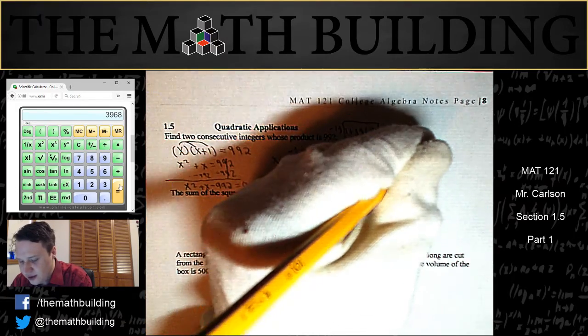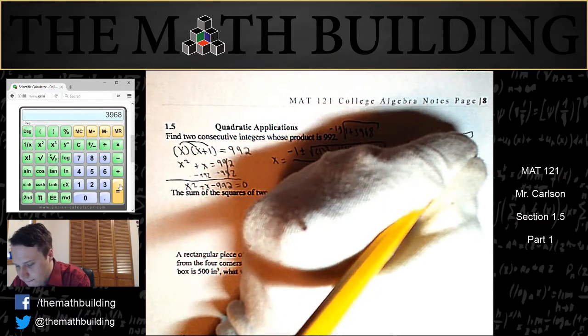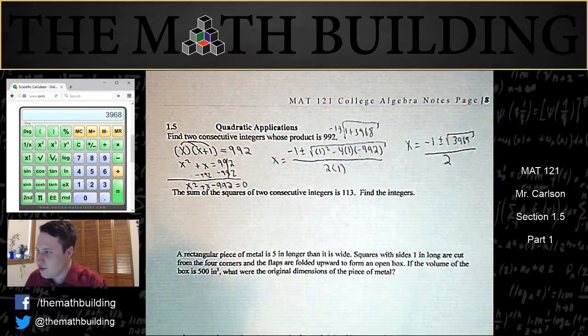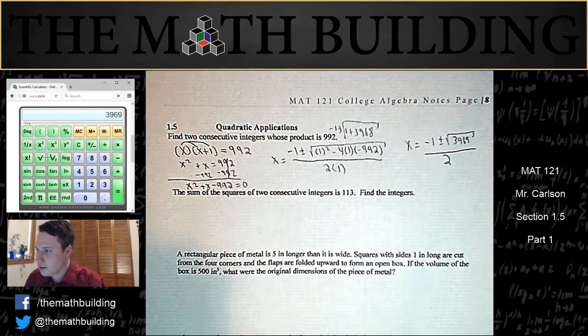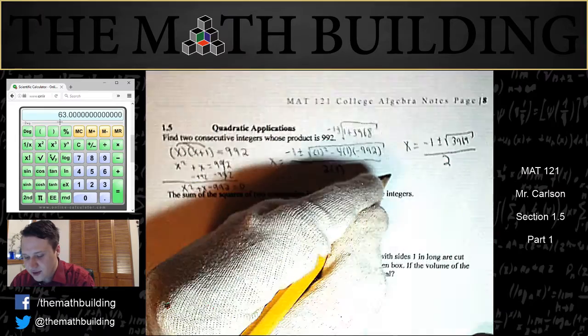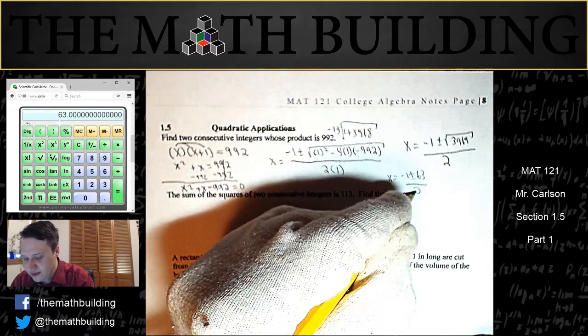That'll be x equals negative 1 plus or minus the square root of 3969 divided by 2 times 1, which is 2. So let's do the square root of 3969. And we get exactly 63. So this is x equals negative 1 plus or minus 63 divided by 2.